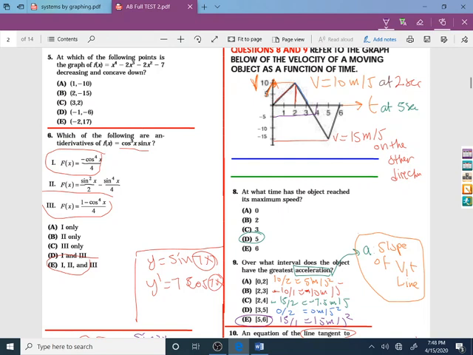Now go to 3 and 5. From 3 to 5, the same, still negative. The difference from 3 to 5 is -15, negative, right?